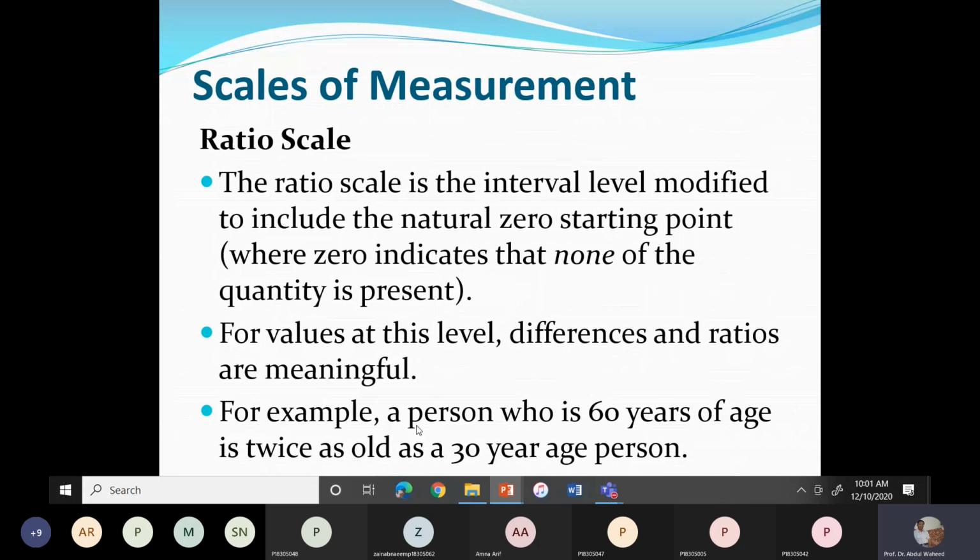For example, a person whose age is 60 years is twice as old as a person whose age is 30 years. So the difference is meaningful, from 30 to 60. And also zero, from zero we start, no birth period, then till the death.